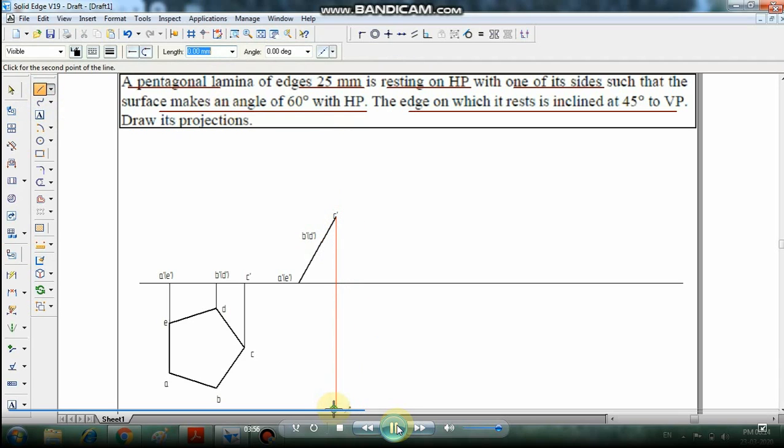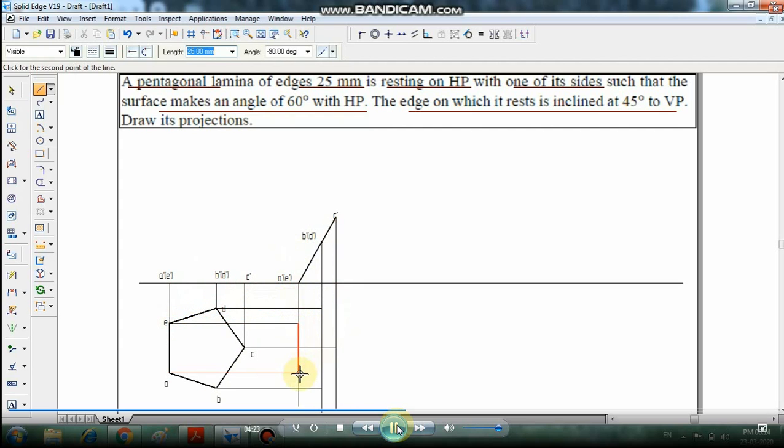Now draw the projector lines from the end points with 0.13 mm thickness vertically downwards, and from the top view, A to A dash, B to B dash, C to C dash where it meets, D to D dash where it meets, E to E dash where it meets.